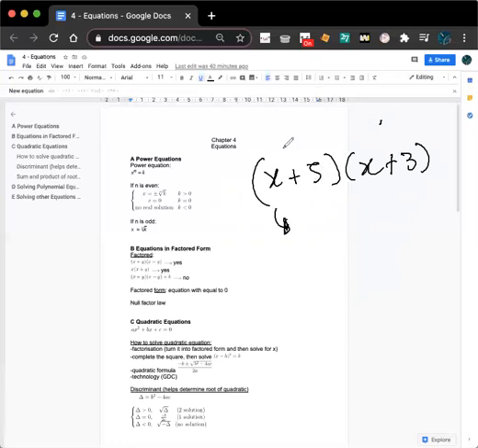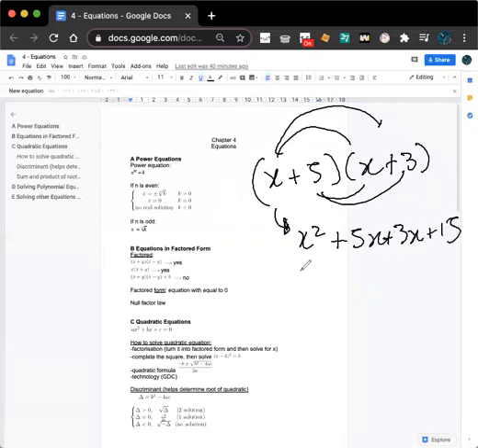And how you do that is that you multiply it one by one, and this gives you x squared plus 5x plus 3x plus 15. x squared plus 8x plus 15. And this usually gives you the common quadratic equation form, like this.